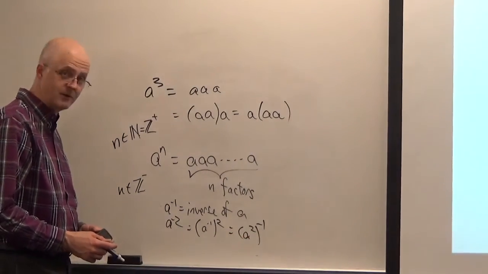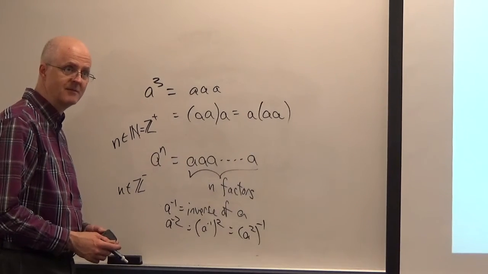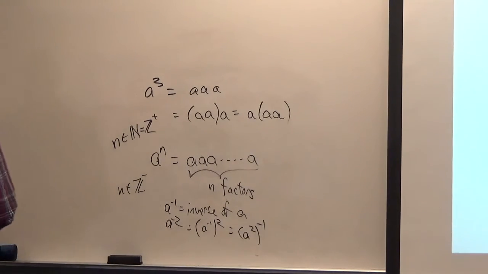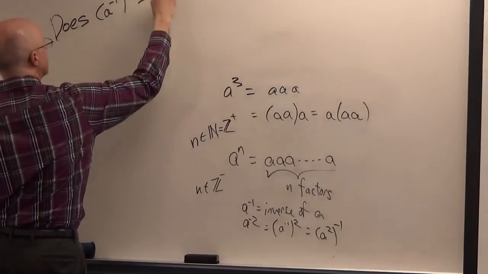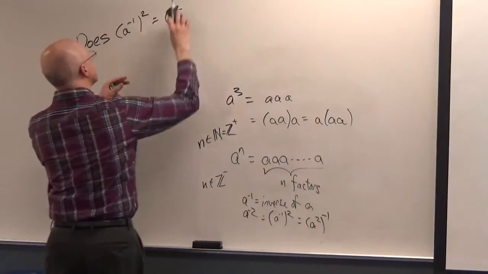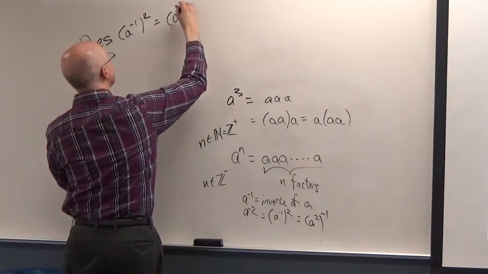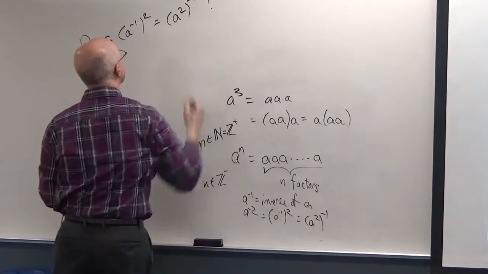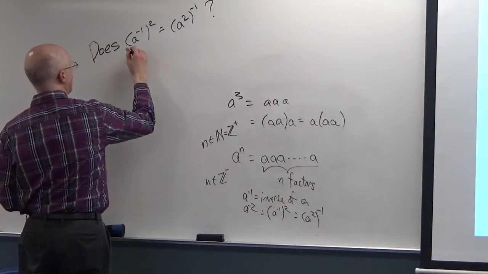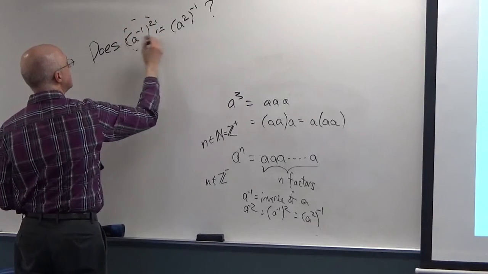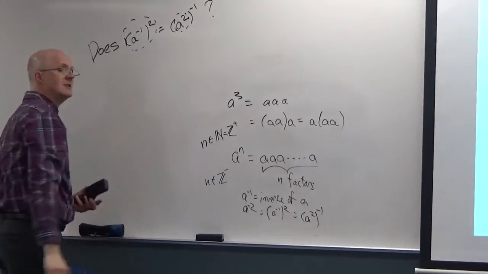But wait a minute, are those really equal to each other? That should be verified. Does a inverse squared equal the inverse of a squared? Really, if I multiply this thing by this thing, do I get the identity?